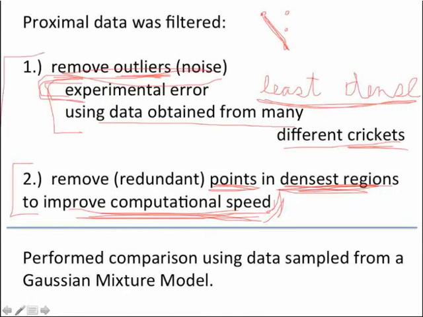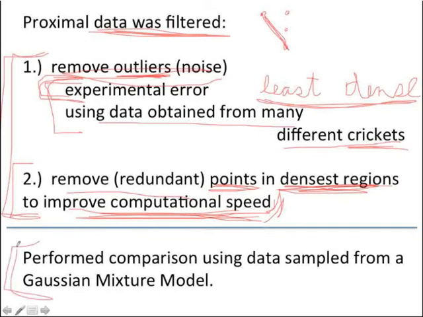But the important point to remember is that data is nearly always filtered to remove both outliers and also to improve computational speed. Another thing that's frequently done is to do computational simulations.